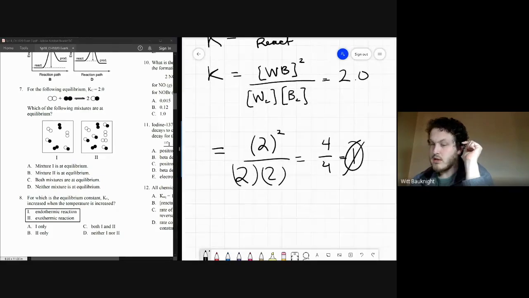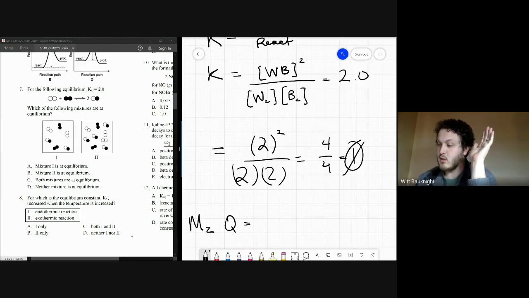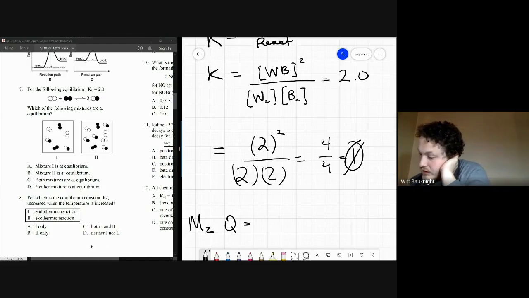So we know that mixture 1 is not at equilibrium. Let's talk about mixture 2. For mixture 2, the K, or the Q, it would technically be called, because this is the quotient at any given time. Well, how many WBs do we have in Q? It looks like we have 1, 2, 3, 4. So I'm going to put a 4 squared up top.